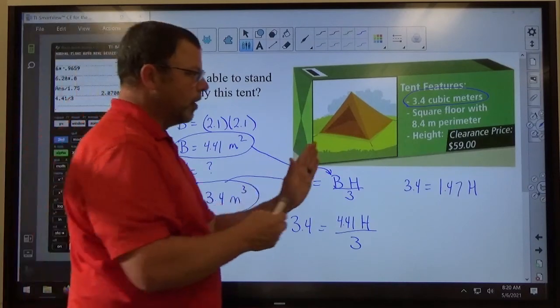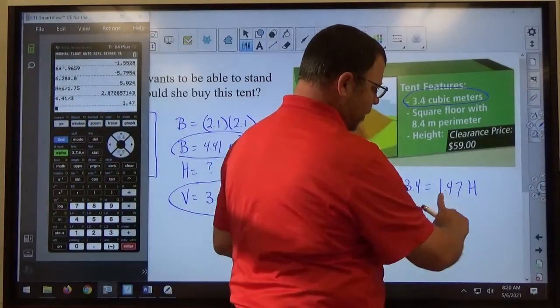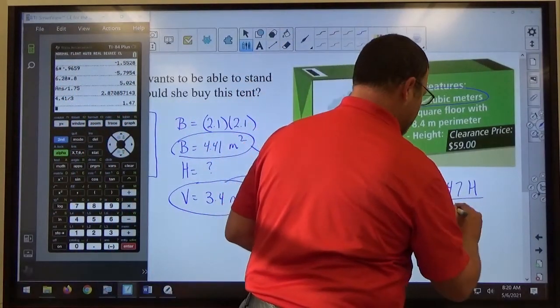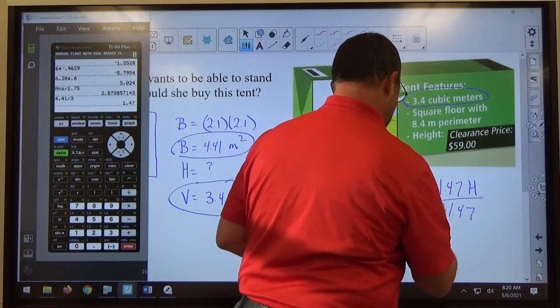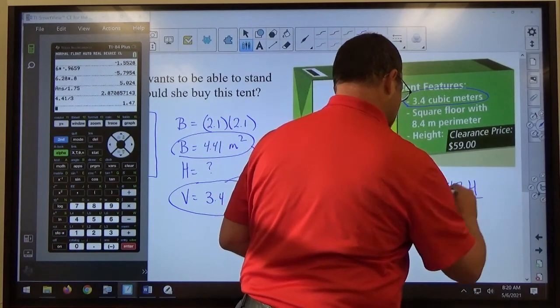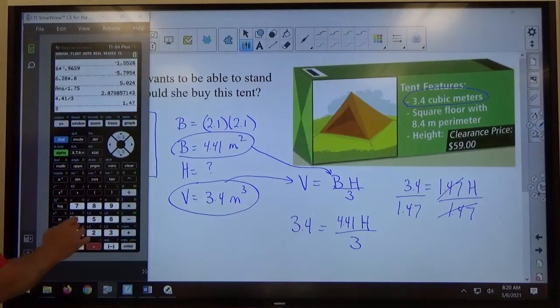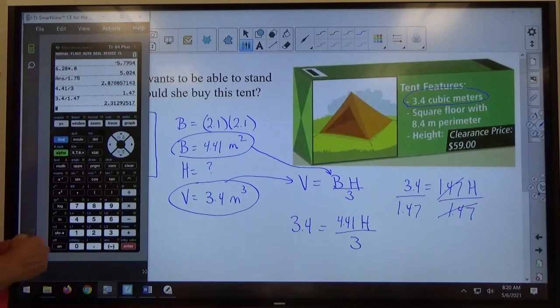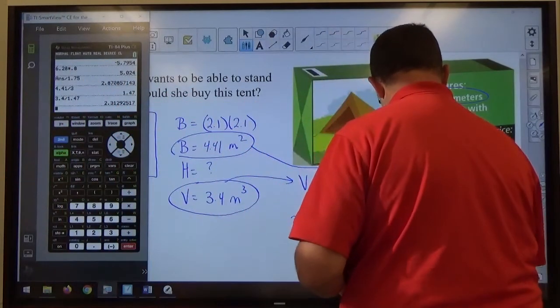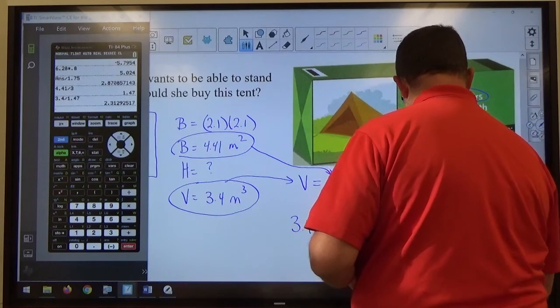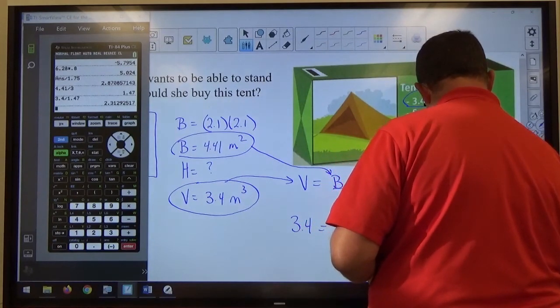Our variable on this side is being multiplied by 1.47, so we're going to do division by 1.47 to get rid of that multiplication. Cancel, cancel. And we get 3.4 divided by 1.47, which is 2.31 meters high. Probably 2.3 meters is how they would list it on the box.